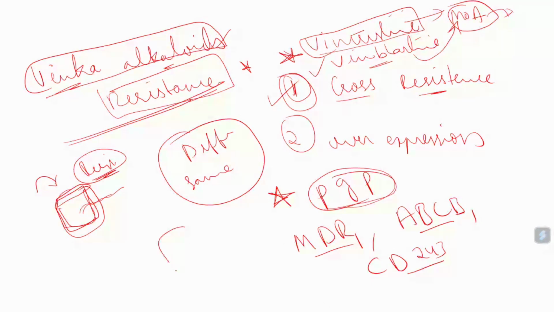Actually, we have certain cells in our body. Our total body is made up of cells. On our cell membrane, we have certain proteins or channels. Among those, Pgp is one protein which is associated with the efflux channel. Whenever a drug is given to the body, when the drug tries to enter the cell to show its pharmacological action, the Pgp molecule will try to eject the drug out.